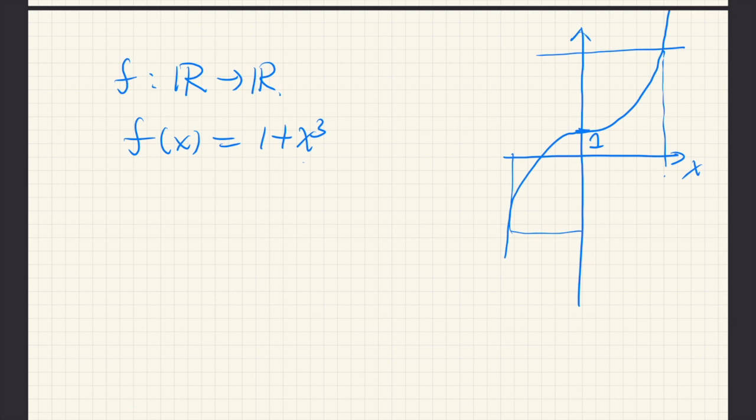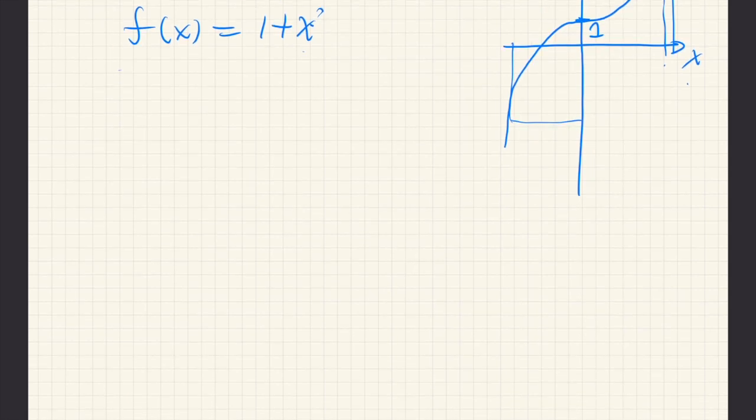So every real number on the y-axis has some corresponding value on the x-axis. So the codomain is entirely covered by the image of this function. Therefore, this is also a surjection.